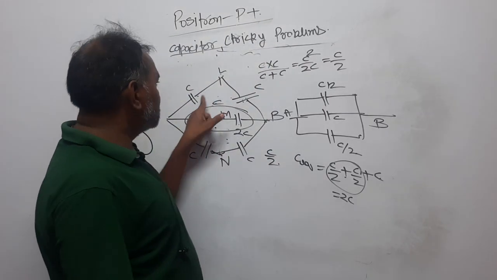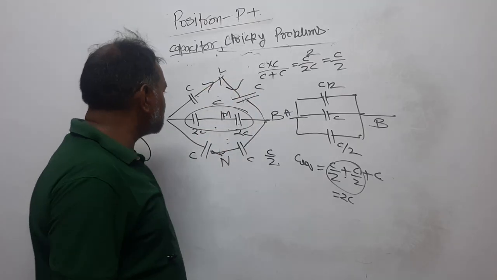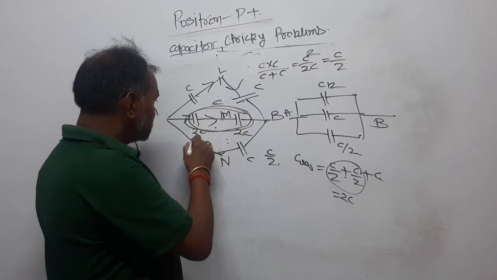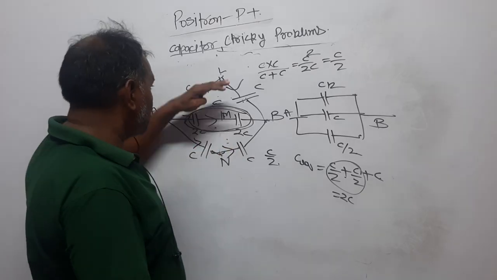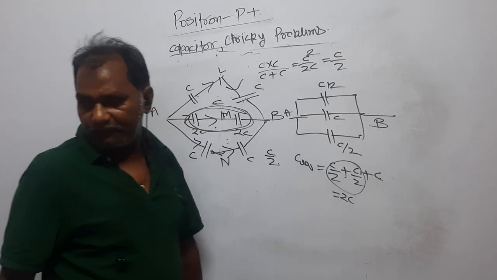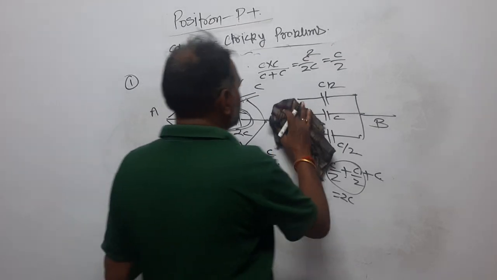So this C, C will be in series, the charge will travel like this, this 2C will again be in series, and this C, C will be in series, and further these three will be parallel to each other, and you can find this. The same question you can solve like this.